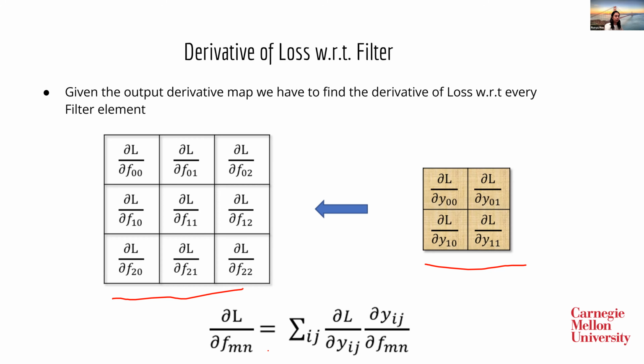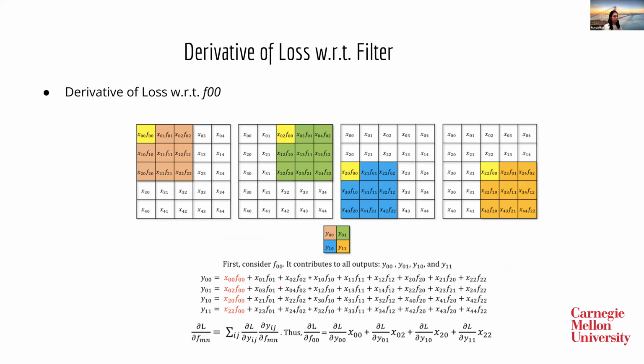And the equation is similar to the stride one situation. So we also need to run a summation for each filter item when we calculate the derivative of it, because it is contributing to many calculations, and we need to consider all the gradient contributors.